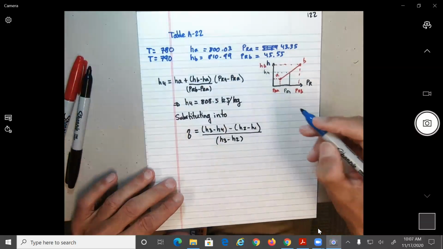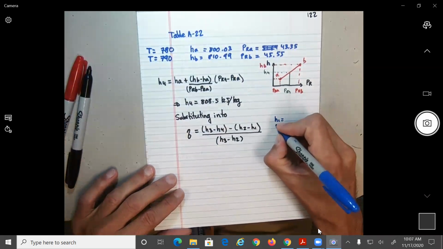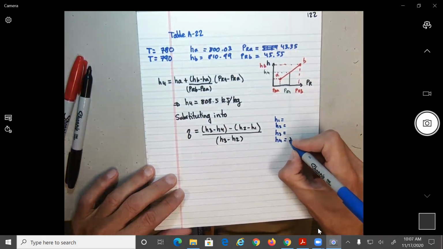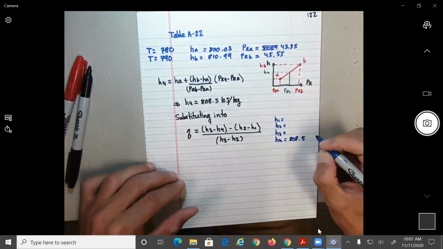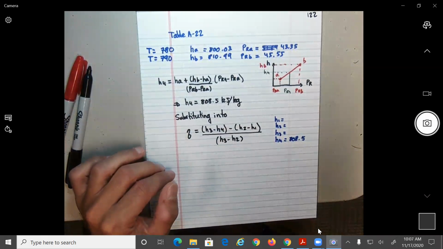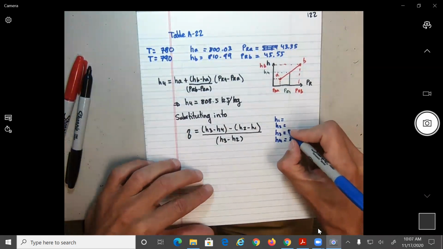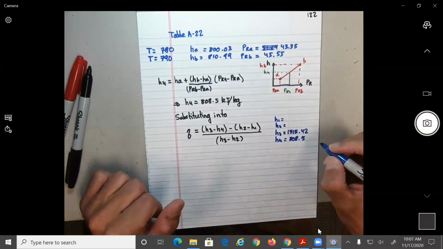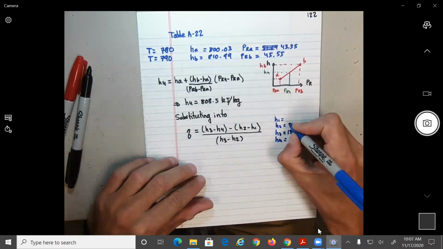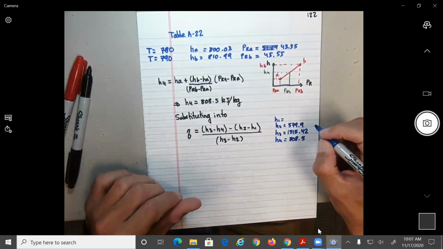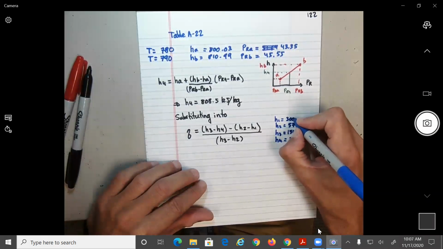Okay, and remember from this equation we have that, let's see, H4 is 808.5, H3 we found to be 1515.42, H2 579.9, and H1 300.19.